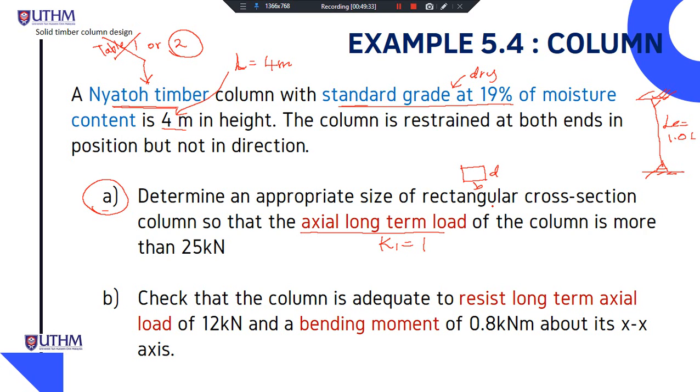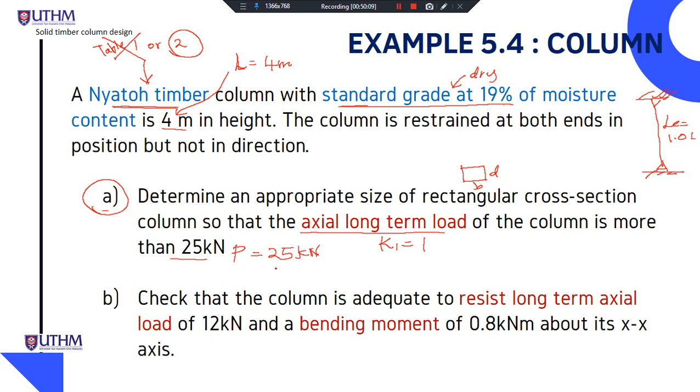If you refer to table 5 of MS 544, the value of K1 for the long-term load is equal to 1. The maximum load P is 25 kilonewton. It cannot exceed 25. Sorry, it must be more than 25. So this 25 is the minimum value for P.